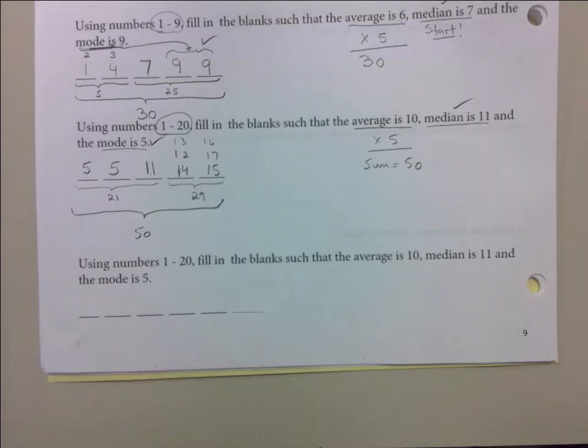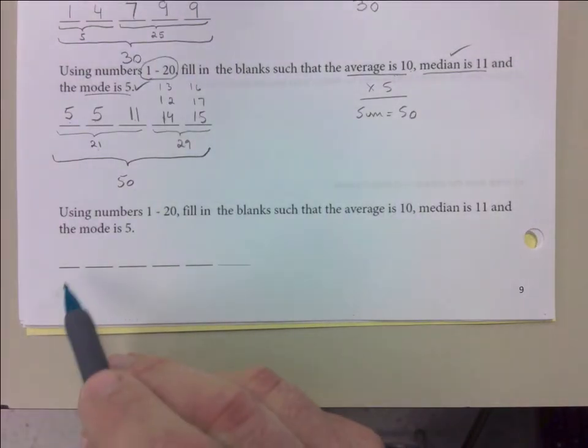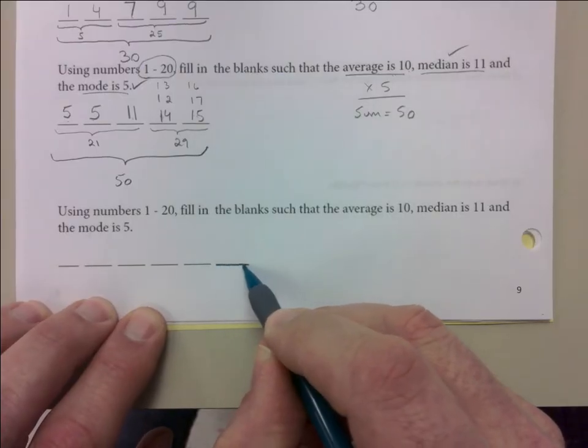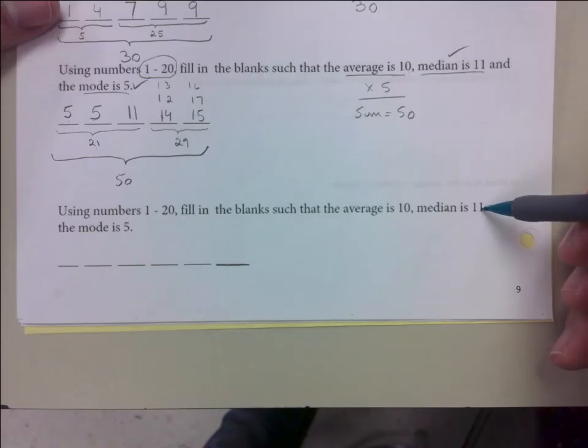Let's do the next 3 marks, not 5 marks, 3 marks. Let's do this one. This one is a little faint, okay? But there's another slot here to fill in. There's 6. Your median is 11. How would you do that?